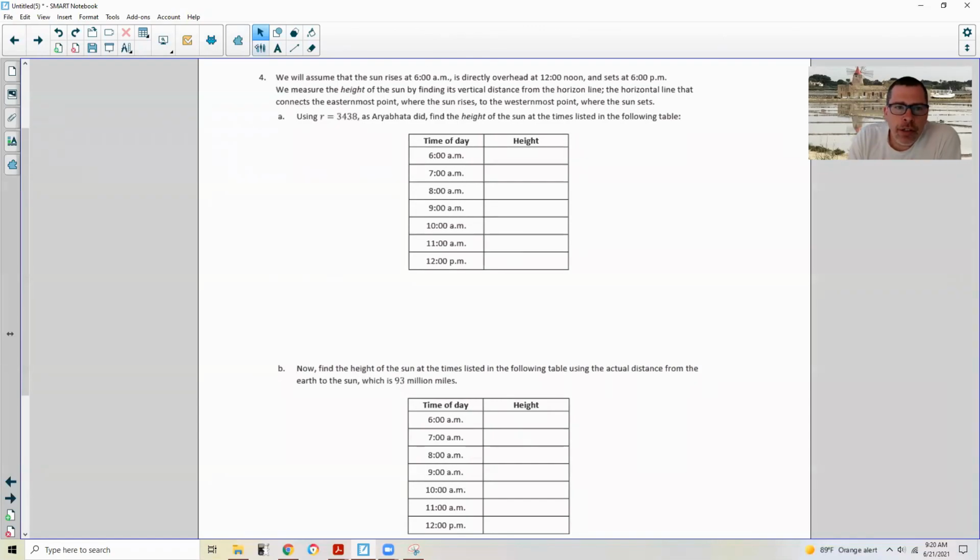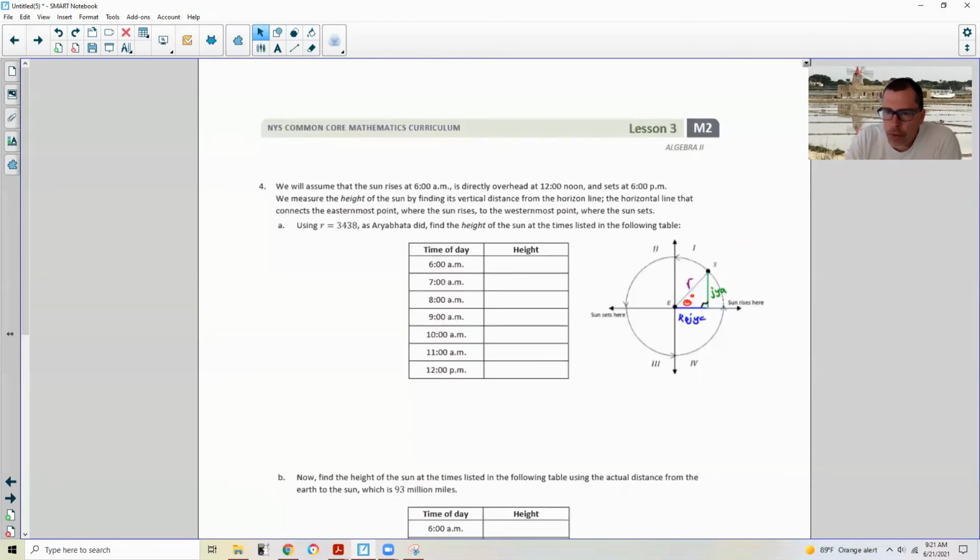Okay, so if the sun is rising, let me bring that diagram back in from the first page. Here's the diagram. So let's just keep in mind what's going on here. At 6 a.m. is where the sun rises. That's what we're told. Well, at 6 a.m., we are right here, and the angle measure right there is 0 degrees. At 12 p.m. is high noon. That is right here. Well, that is 90 degrees.